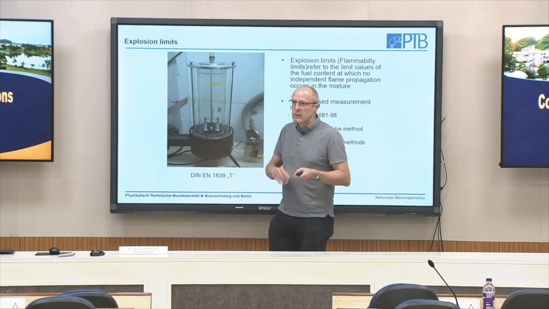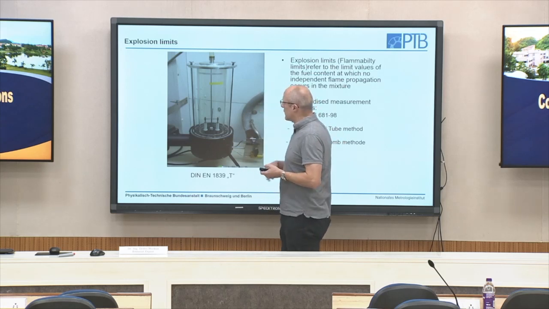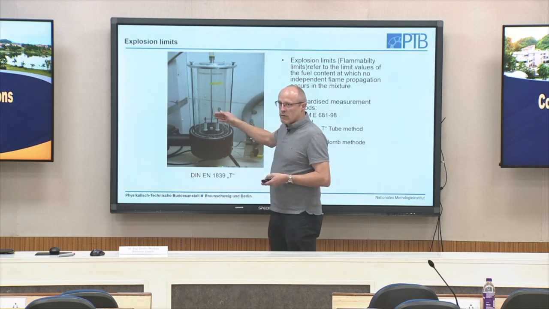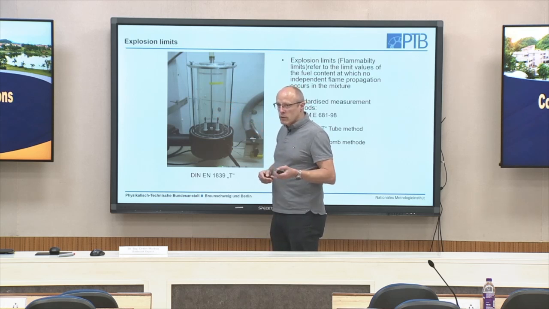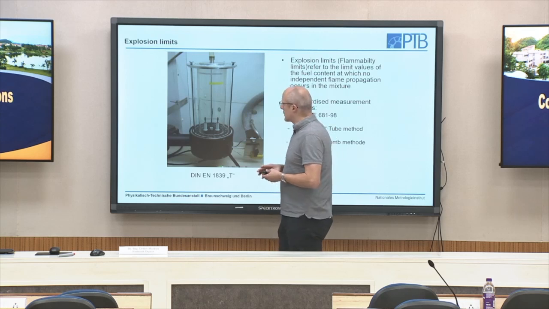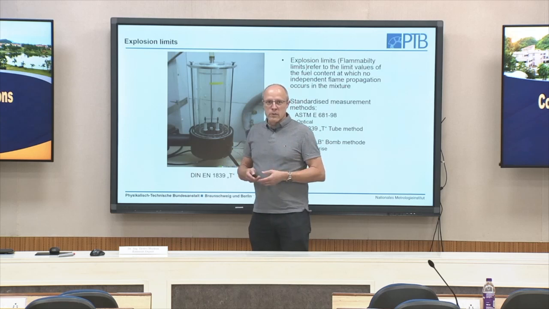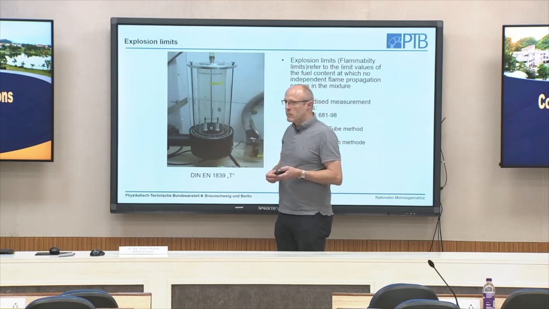Therefore, we have different values. But for methane, it's 4.4% lower flammability limit in Europe and 5% in the US. So it's not a very important issue, but you have to consider this if you compare literature values.